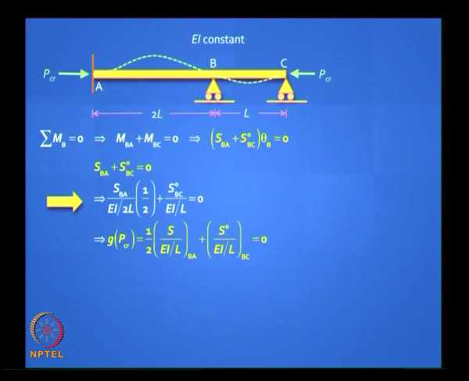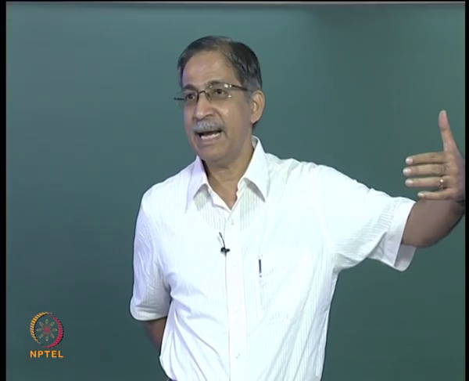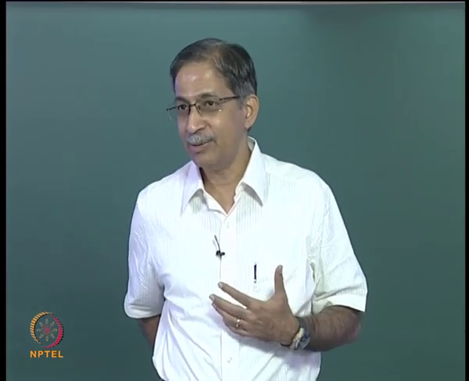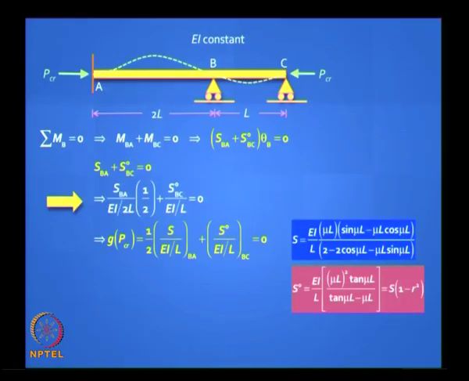How do I solve it? I have those trigonometric stability functions S and S naught as a function of mu into L, so I have to bring mu L into the picture. I can use the bisection method.